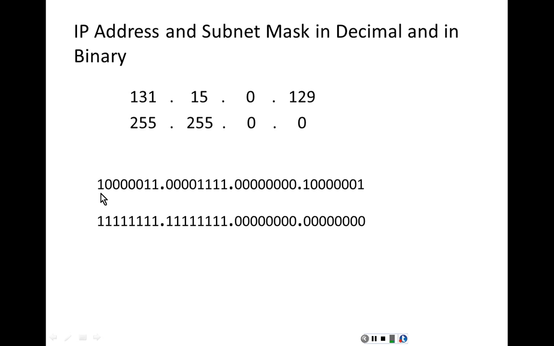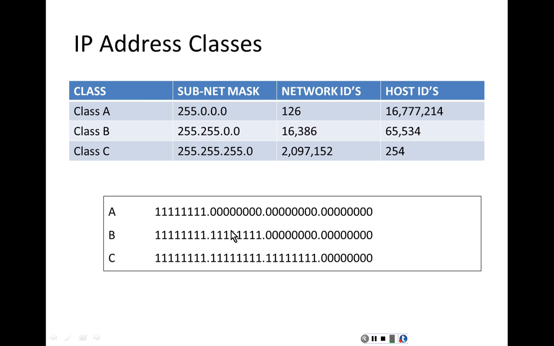So there's our 131, there's the 15, there's the 0, and there's the 129. And the subnet mask, 255.255, the computer really sees that as a string of 1s and a string of 1s, a string of 0s and a string of 0s. So the subnet mask 255.255 is a 16-bit subnet mask.